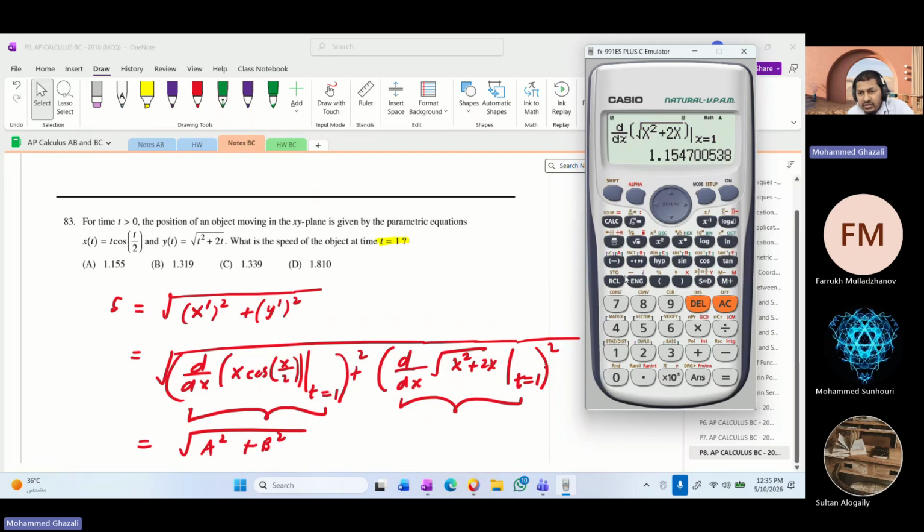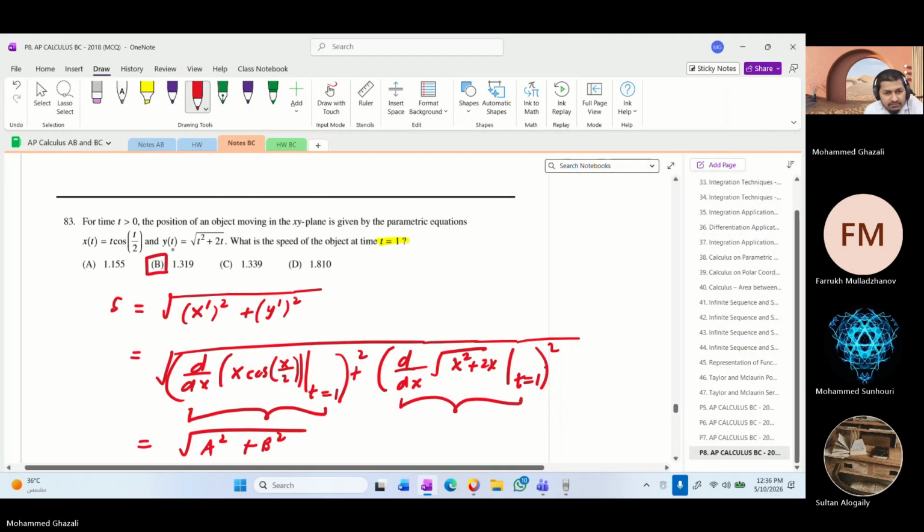Shift store B. Now I'm going to say square root of alpha A squared plus alpha B squared. If you're using the calculator, put the full answer down, square it, put the full answer down, square it. You don't have to do it like this. And I've got 1.319. Exact answer, B. Nice, easy. We're good, guys.